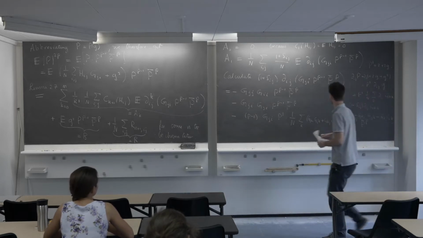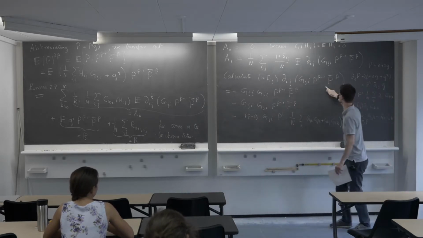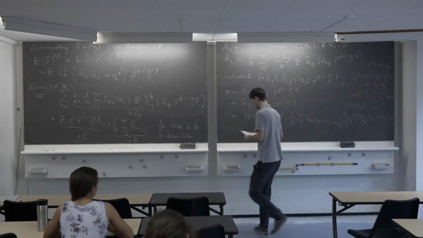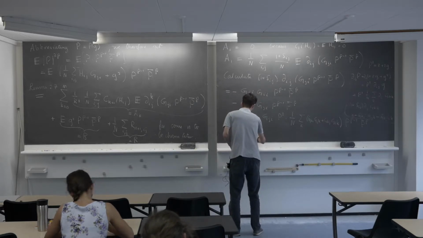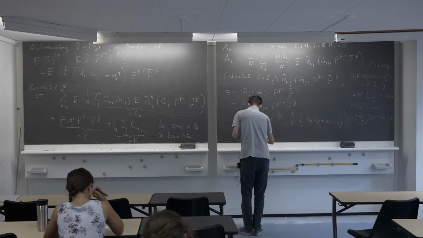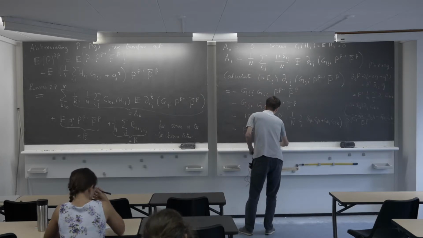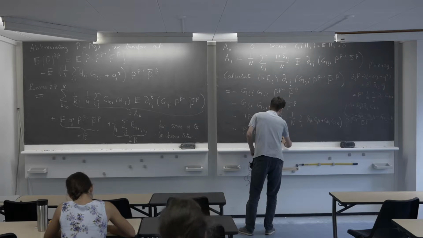And then finally the one I get if I differentiate this guy is exactly the same. Minus p, g_ji, I have p prime bar, 1 over n, sum over k.